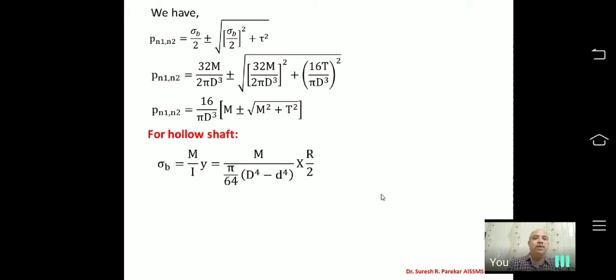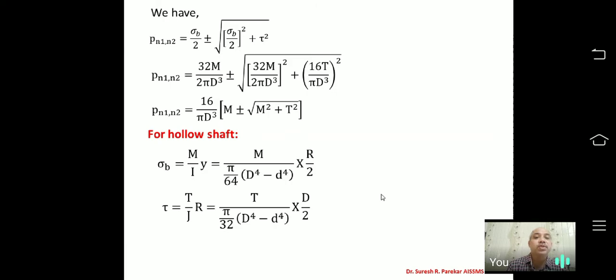Now we have a hollow shaft. What is the change? We have pi by 64 into d to the power 4 minus d to the power 4, with outer and inner diameters. Here we cannot take 16 upon pi d cube outside, because we cannot cancel d in the case of sigma b or in the case of tau. Therefore we have to find sigma b from here, we have to find tau from here, and then we can find principal stresses.